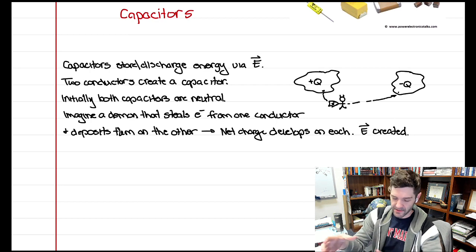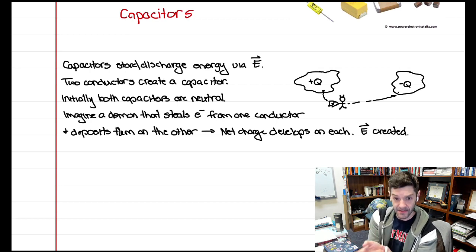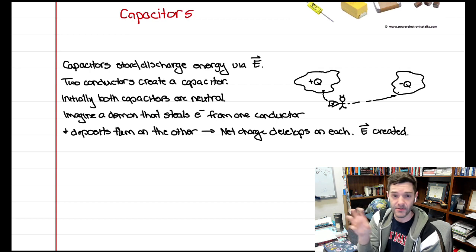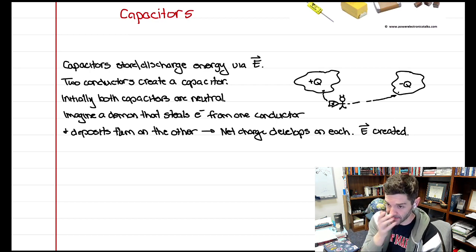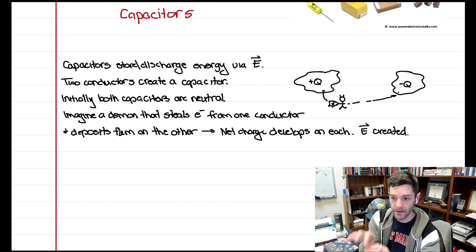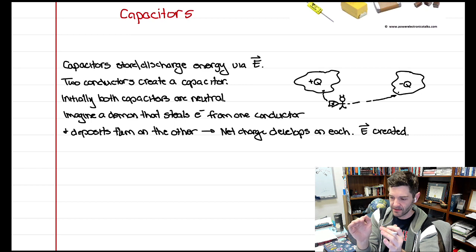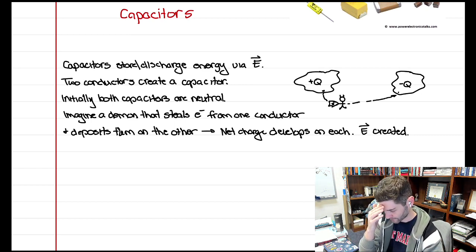We talked about in the last lecture that the electric field inside the conductor is zero. The excess charges will rearrange themselves to some sort of equilibrium position such that there is no net electric field inside the conductor. All the charge resides on the surface of the conductors, and then immediately off the surface of the conductors, the electric field is equal to the charge density divided by epsilon.